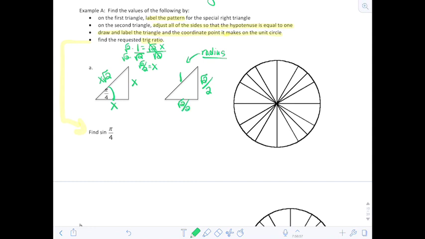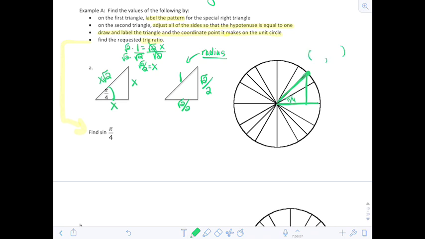Okay, so now we're going to superimpose or overlay that angle onto our unit circle. So there's my 45 degrees, or my pi over 4. And we're going to make a right triangle. So from the top, we're going to come straight down and make a right angle. I know we don't go all the way to the edge of the circle down there, but that's okay. And what we're looking for is this point on the unit circle, this location.